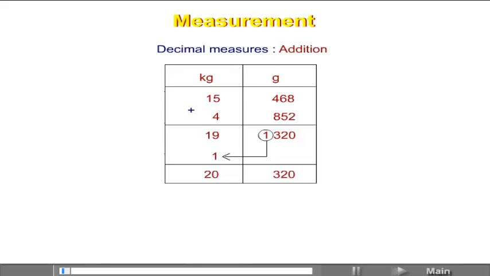Let us write this example in vertical manner. We shall write kilograms below kilograms and grams below grams. When we write 15 kilograms 468 grams plus 4 kilograms 852 grams, we will have to add the grams to grams and kilograms to kilograms.